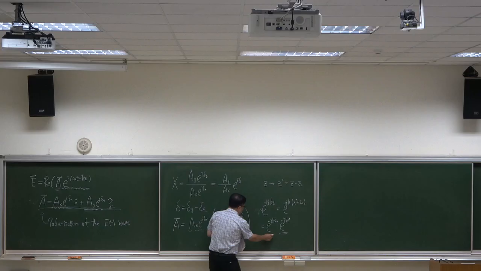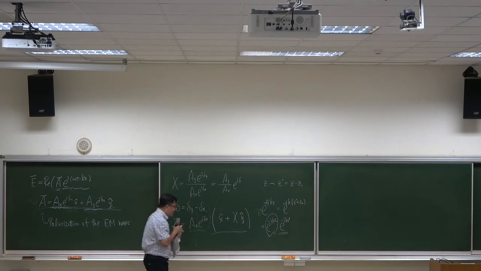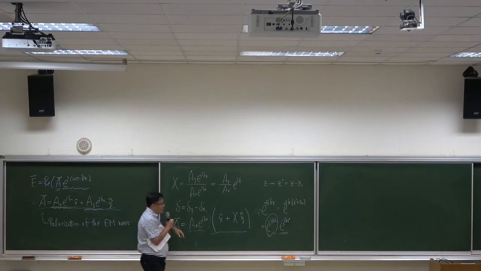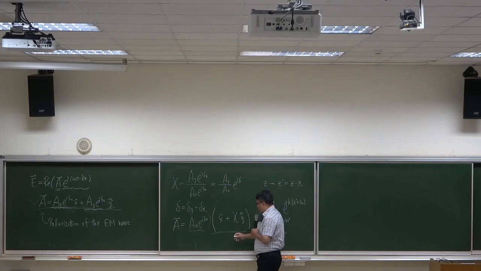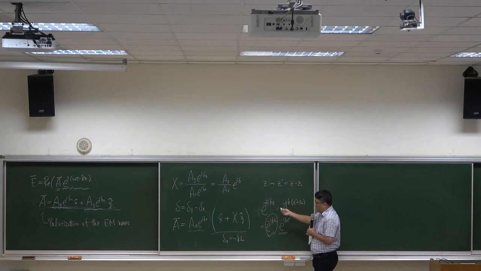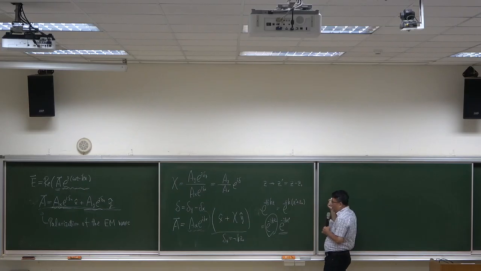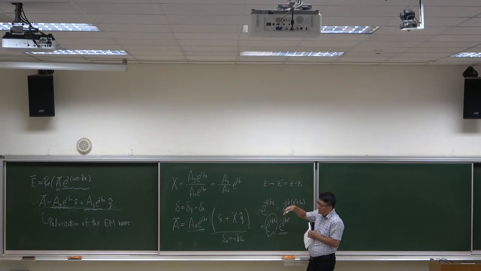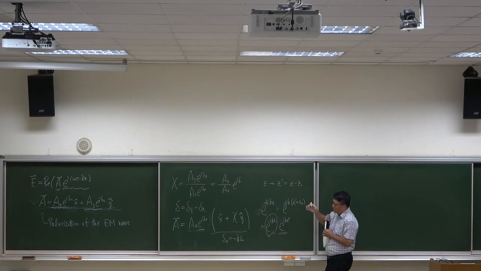Then this factor will be multiplied to A. So you can just treat delta_x as something like this. You can change your coordinate origin, so you can change the value of delta_x. So delta_x is not important in representing the polarization state.